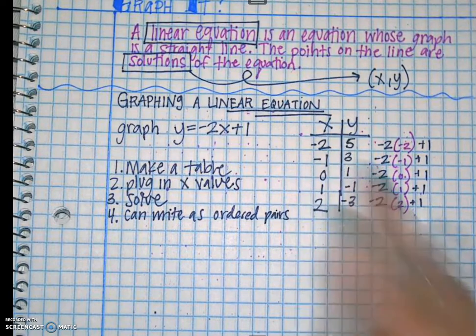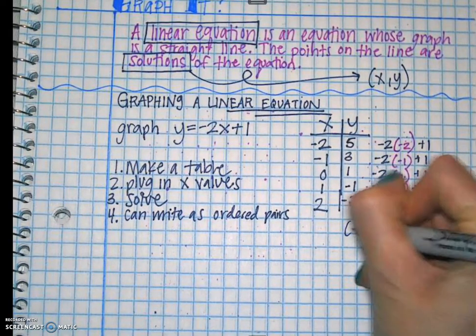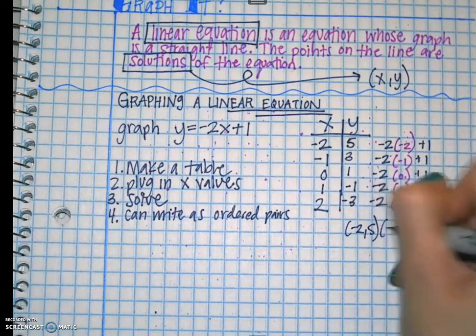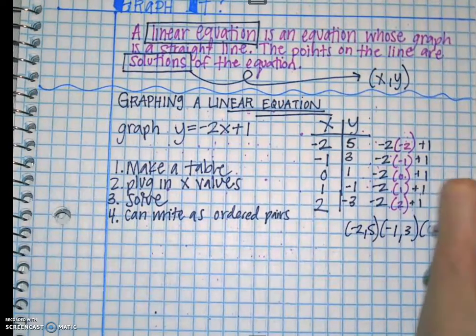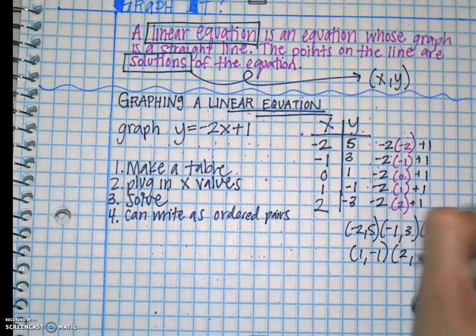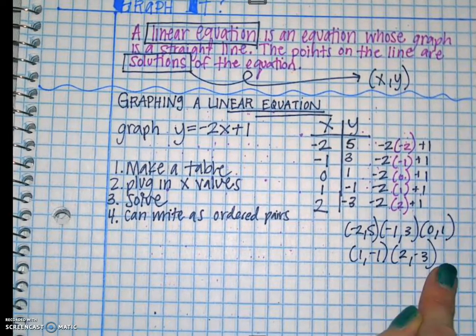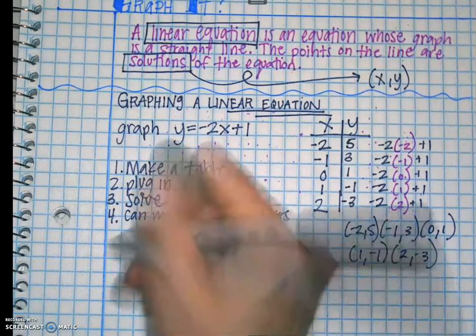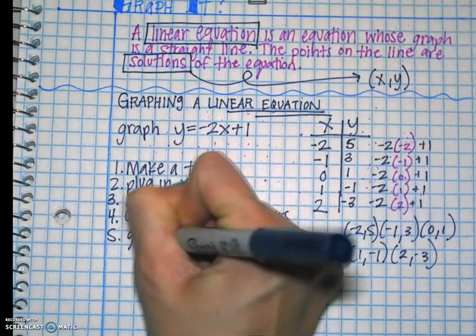So seeing them this way might not be as easy as actually writing them: negative 2, 5, negative 1, 3, 0, 1, 1, negative 1, and 2, negative 3. That way you know that when you're graphing, all you have to do is plot those points. So that last step would be graph.